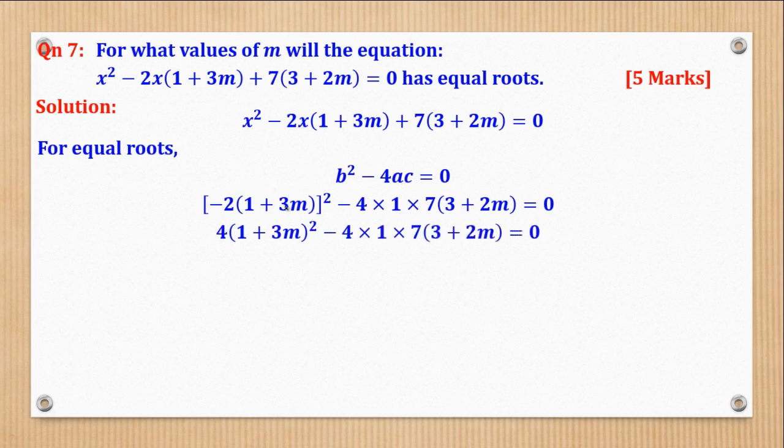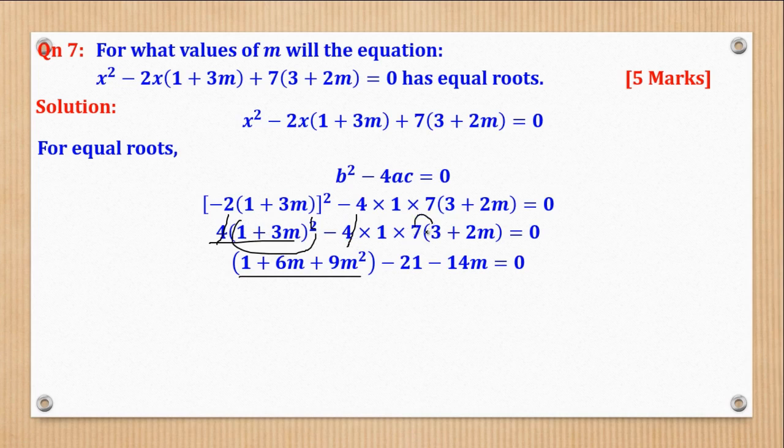Then look for simplifying. So what I've done, this square with a negative becomes positive. Negative squared becomes positive, so it gives that. Then expand this square. Now what we have done here, 4 is common, so it can cancel. When it cancels, here we shall remain with this squared, which is this. Then here we shall remain with minus 7.